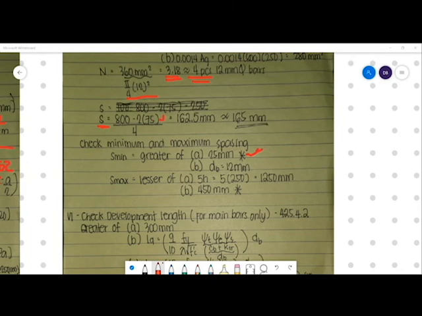So let's look again at the code. Iba ang spacing ng code, iba ang spacing natin for temperature reinforcement. So what is the maximum spacing for temperature reinforcement?